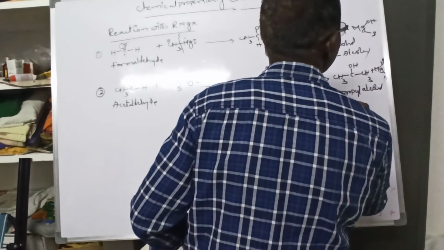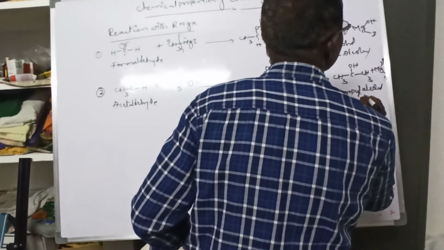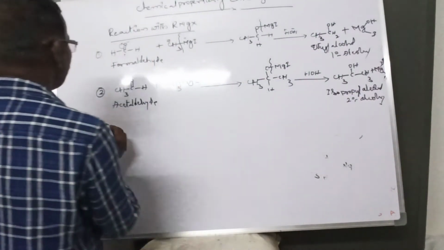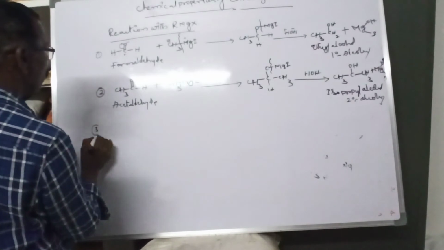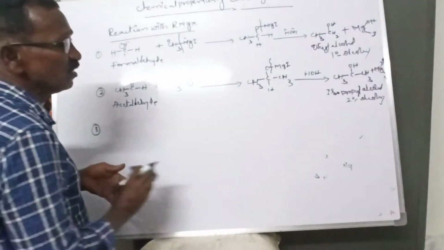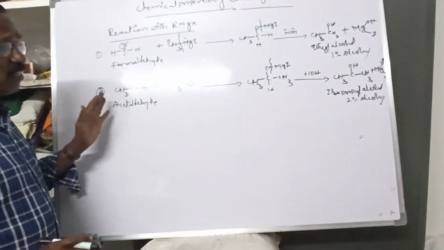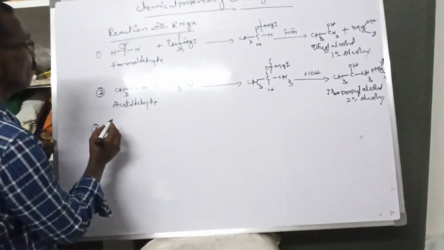This secondary alcohol is formed. If you take another reaction, the ketone compound acetone, and react acetone with Grignard reagent, it forms tertiary alcohols. It is a very simple reaction.